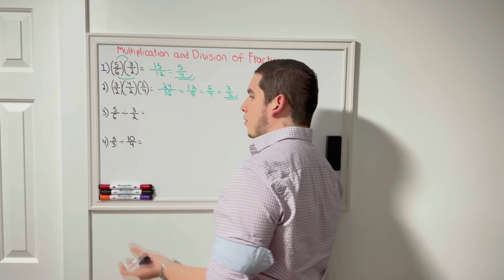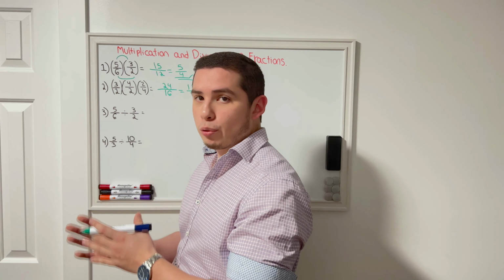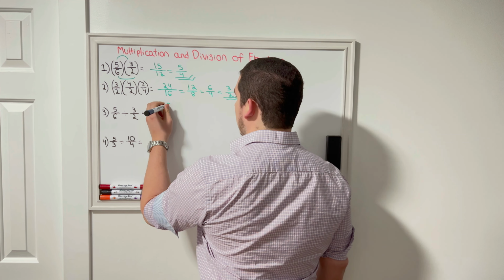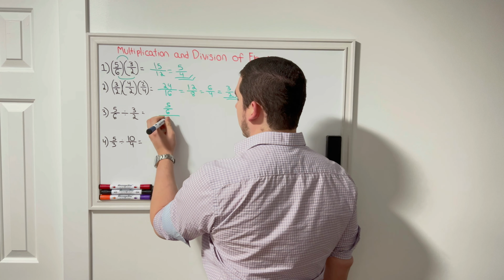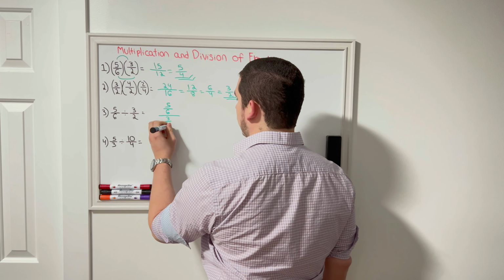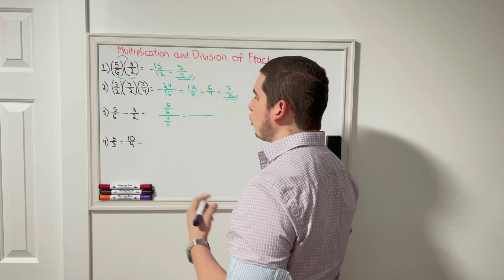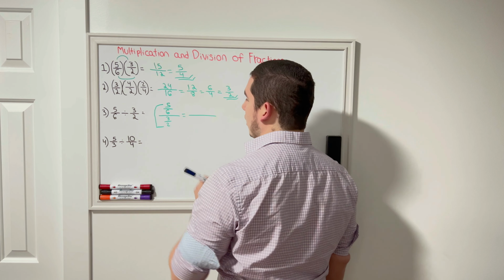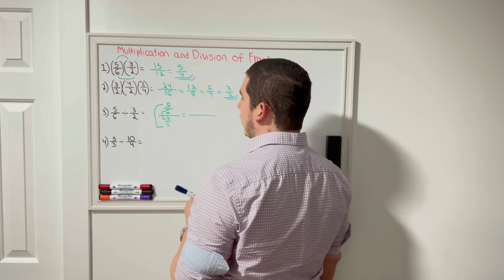Okay, to solve this problem with the end-to-end rule, we have to rewrite this. We're going to write it as 5 over 6 dividing 3 over 2. Now, the end-to-end rule says that the end has to multiply the other end, and this also multiplies the other end.